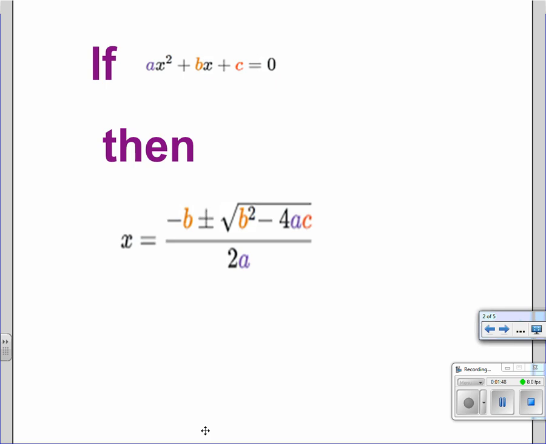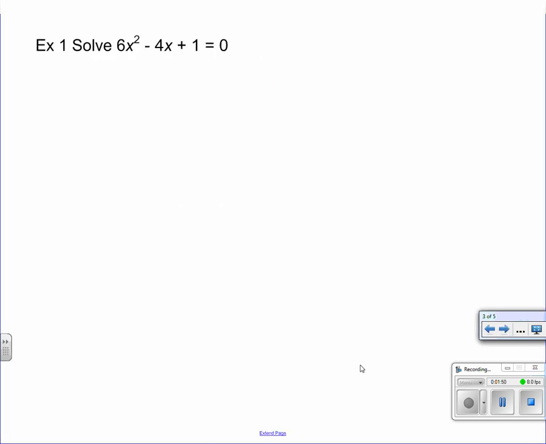It will always work. All right, so let's say that we want to solve 6x squared minus 4x plus 1 equals 0. This is a beautiful quadratic equation, and what makes it beautiful is, first of all, 0 is already on one side, and we have our exponents getting smaller and smaller from left to right. 2 x's, 1 x, no x's.